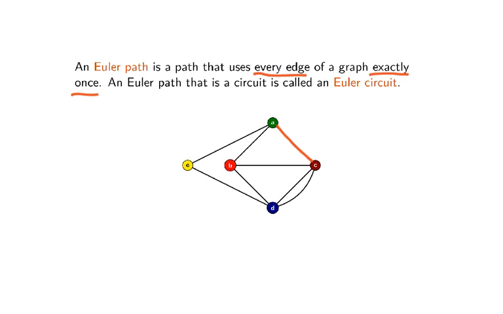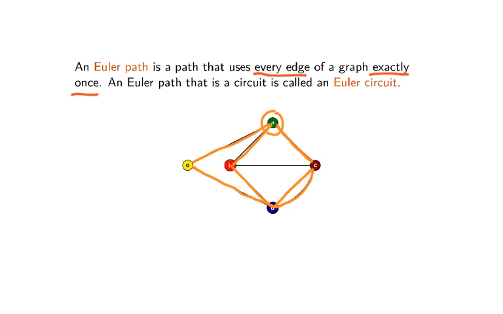Let's try to find now an Euler path from, for instance, C to E, let's say. Let's see if we can find that. From C, let's start this way. I mean C to A, for instance, and I keep going. From A, let's say I take this one, and so I can go like this one, and so this one, and so this one, and so this one here, and so this, and I'm stuck here.